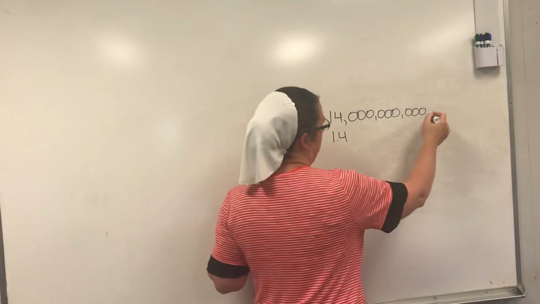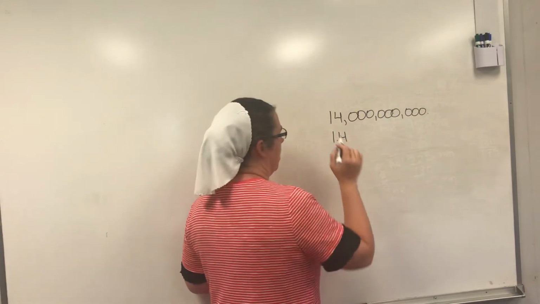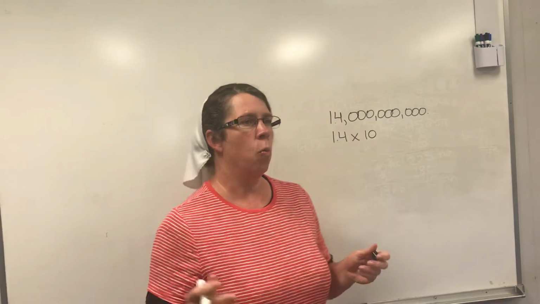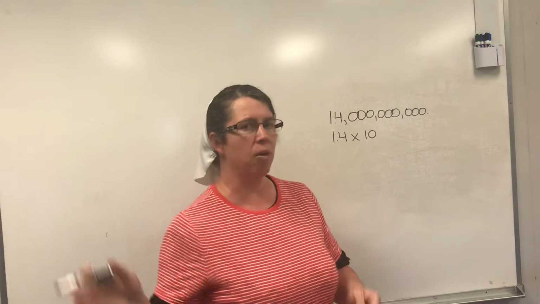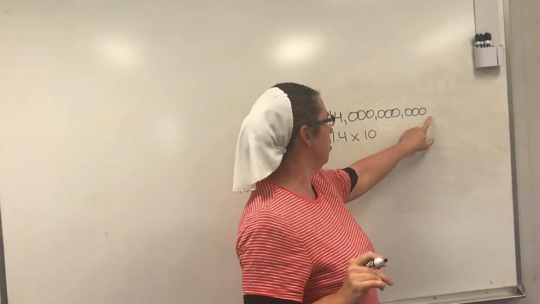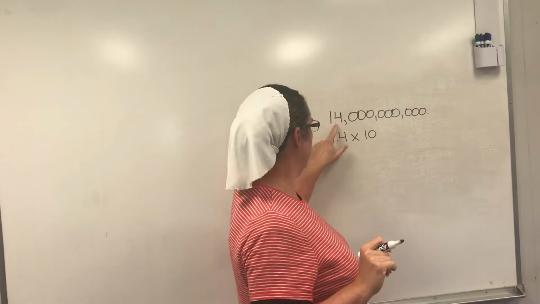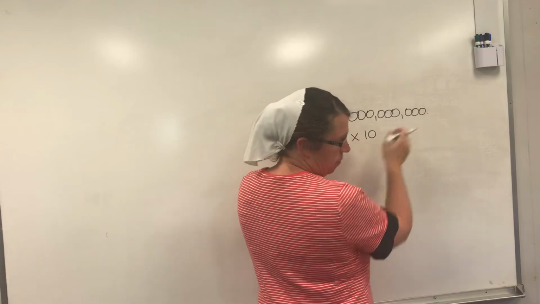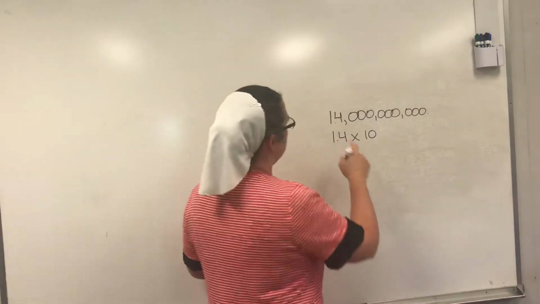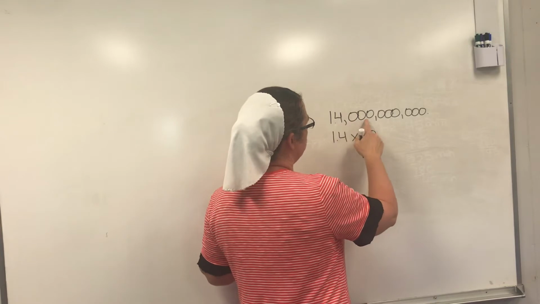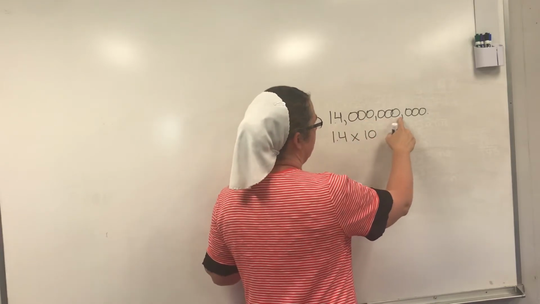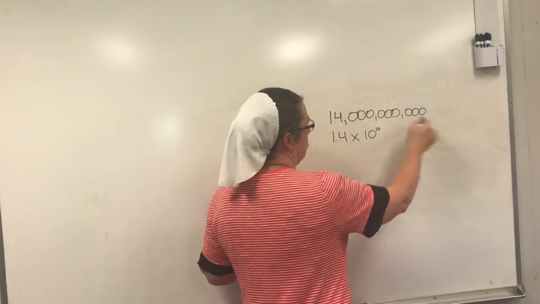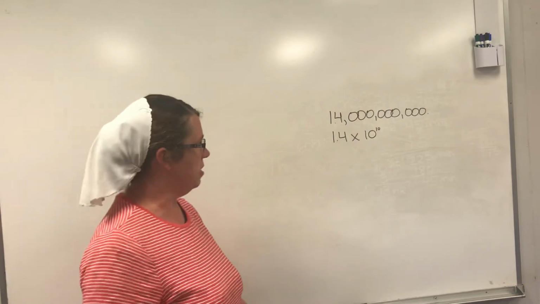So right now, our decimal point is way over here. They want you to put it here, and then I like to think of it as, what does it take to put it back where it was? Okay, it was originally here. We moved it to here. Now what does it take to go all the way back to there? And so we would count 1, 2, 3, 4, 5, 6, 7, 8, 9, 10. It would take a positive 10 to put it all the way back where it was at.